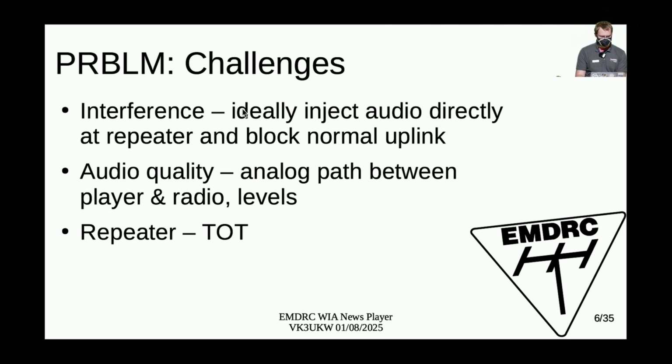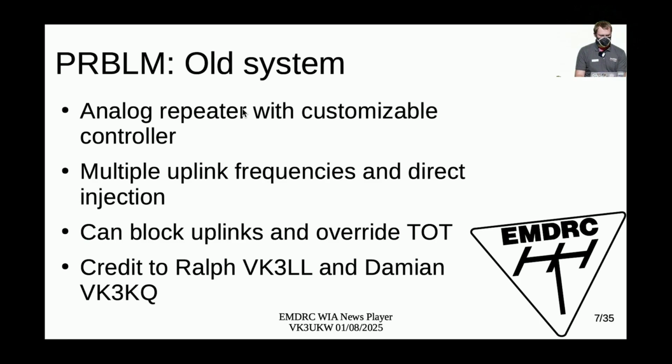On the old system, when we had an analog repeater controller, one of the very popular controllers from a little US company, I didn't write down the model, we had multiple uplink frequencies. We had both a UHF and a VHF frequency.